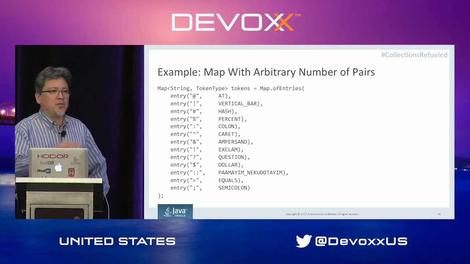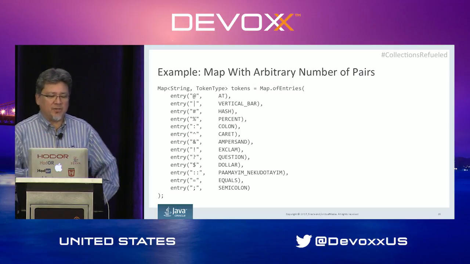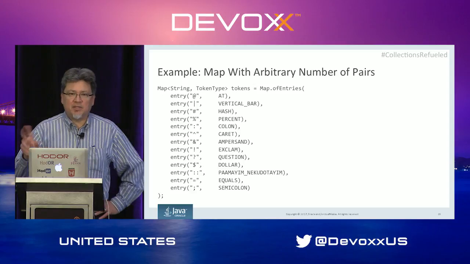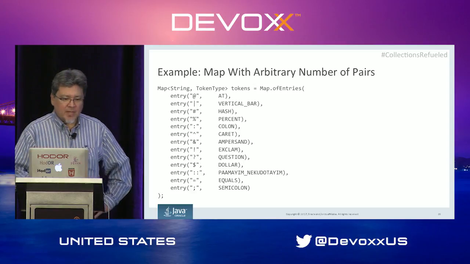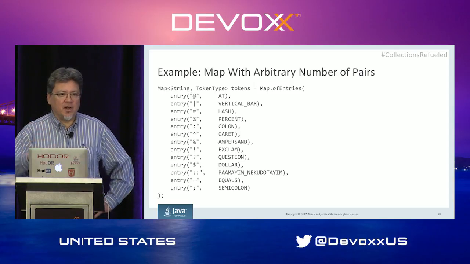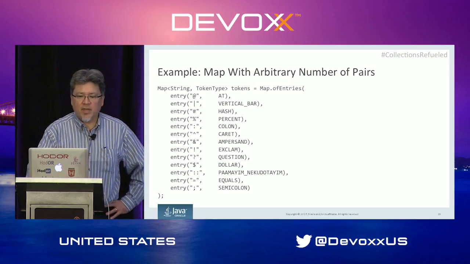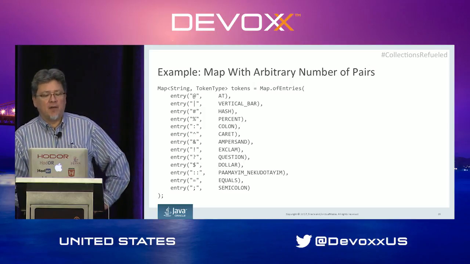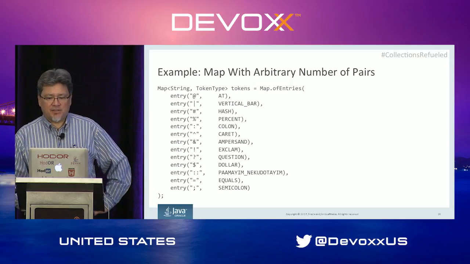So one of the other things that this adds is a static factory method called Map.entry, lowercase entry, that just takes 2 arguments, a key and a value, and returns a map entry instance. And here's an example of that, because this exceeds the fixed arg overloads of Map.of. So we have to use Map.ofEntries and then pass it a succession of entry objects.